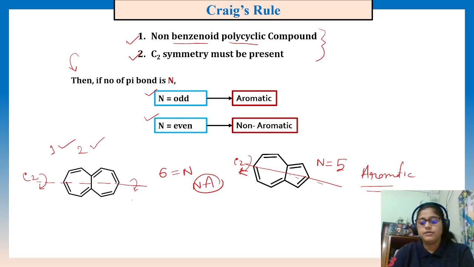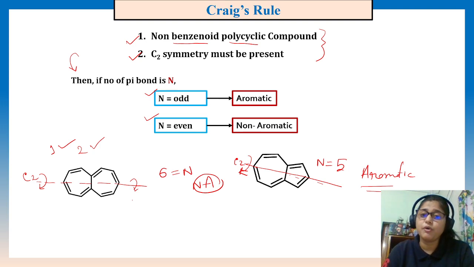So till now I have given you a simple idea about aromaticity: what is aromatic, non-aromatic, anti-aromatic, homoaromatic, and quasi-aromatic. I have tried to explain all in the simplest manner, and you have also practiced a lot with me. Hope you understood all the things here.